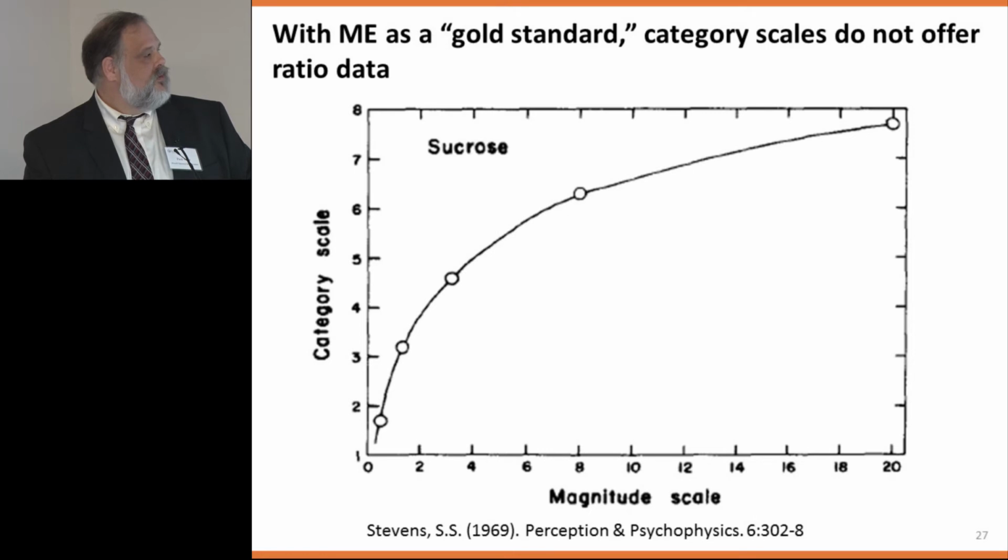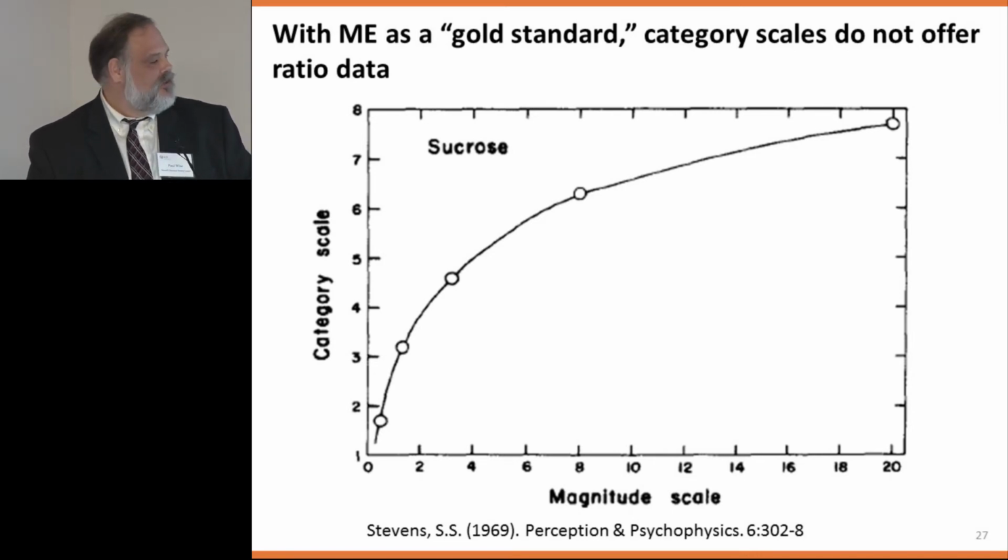So if you use magnitude estimation as a gold standard, and I will put that in cautionary quotes, this is category scale on the y-axis, magnitude estimation on the x. They're bowed out. So for sure you could say that either one or both are not producing ratio level data. It could be both are not producing ratio level data.